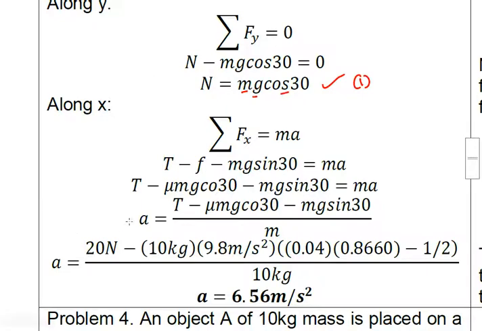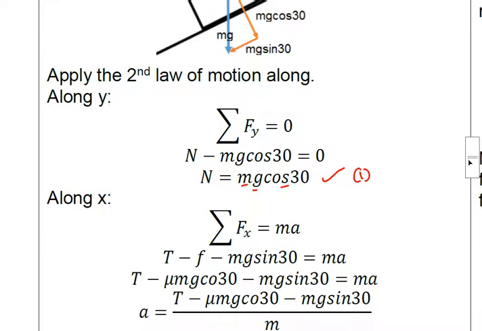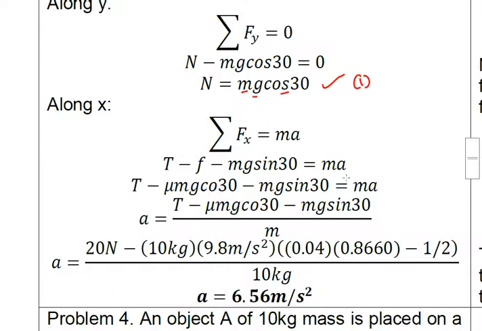So you have tensional force minus frictional force minus mg sine 30. Notice that the mg sine 30 goes in this direction, that is why it is negative. Again, it is against the acceleration of the system. So it is equal to m times a.